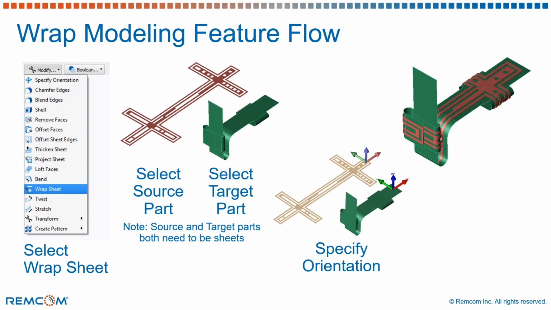Select the target part, what you want to wrap it onto, and once you've done that, you define two orientations, one on the source part and one on the target part, that are meant to align with one another. So when the wrap is performed, those orientations are placed in the same location, and then the wrap is performed from there. At the end you get something that looks like this for a somewhat complicated structure with multiple bends in it.